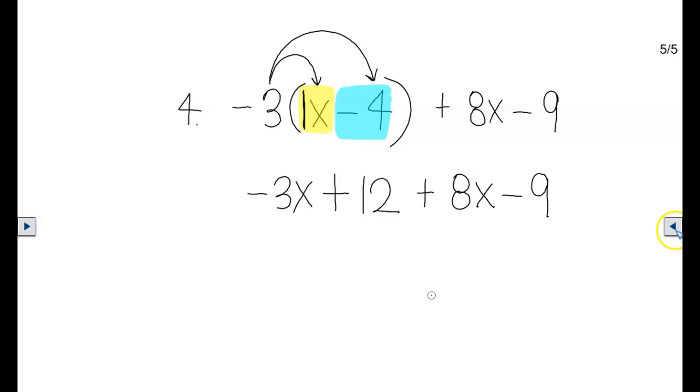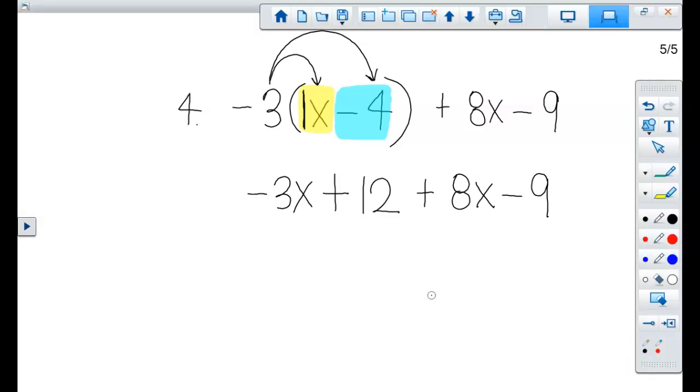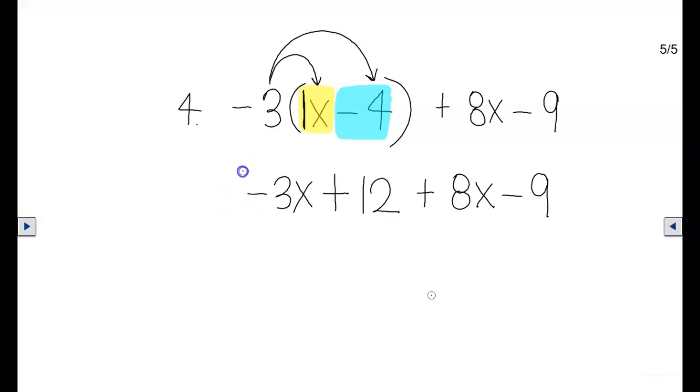All right, now distributive is taken care of. Time to deal with like terms, if there are any. So I start out at the beginning with negative 3x. Variable part is x, so I'm looking for other terms in this list that have a variable part that is just an x. Can't be anything else. So I see that right here.